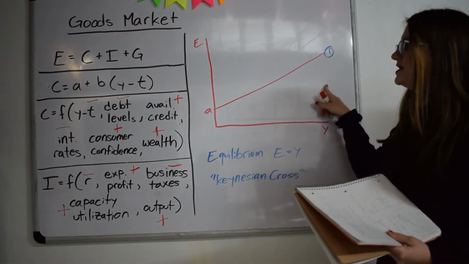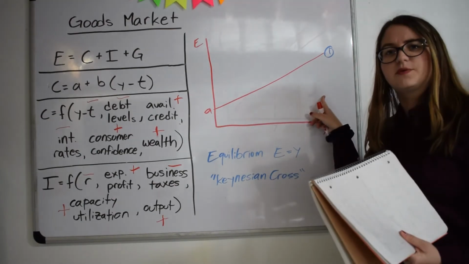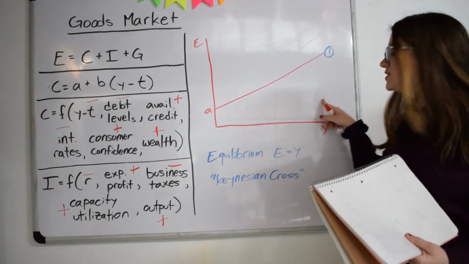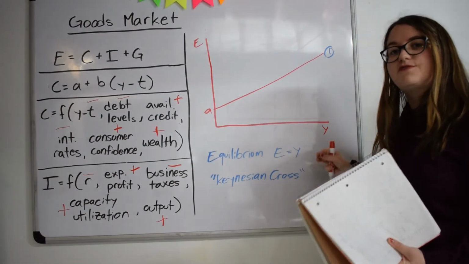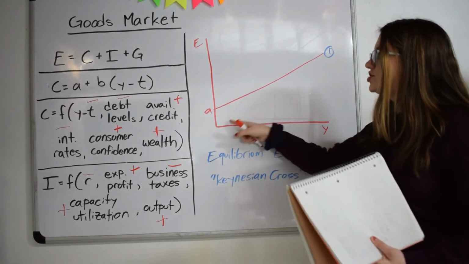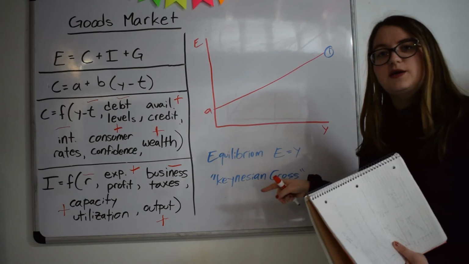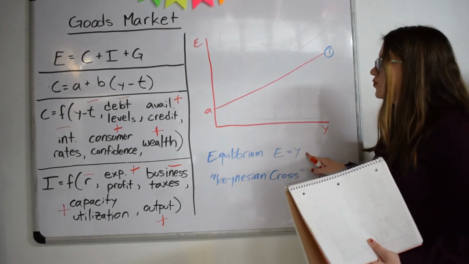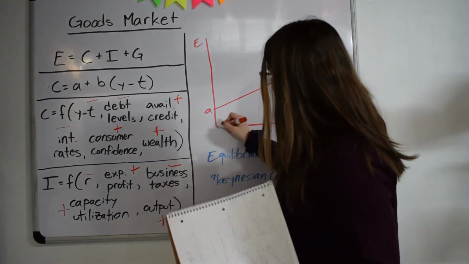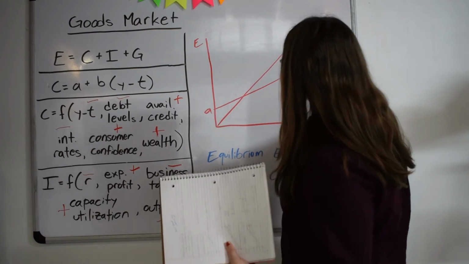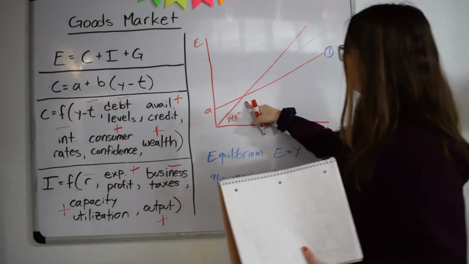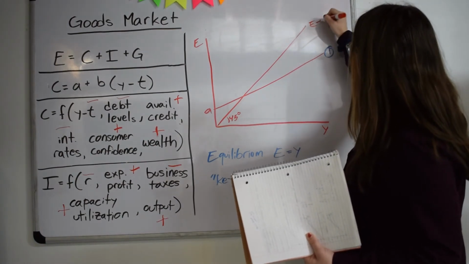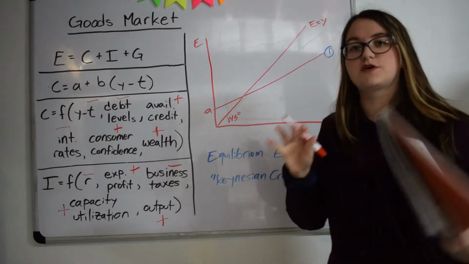So as you can see, this model doesn't have an equilibrium written down yet. That's because we need to add what is called the Keynesian cross, which is a 45-degree line showing the equilibrium E equals Y. So this is just a 45-degree line, placing E equal to Y, and it will never move.